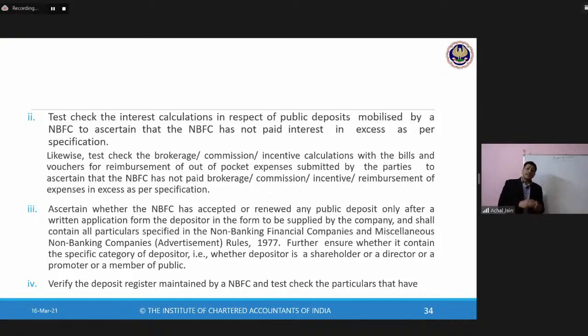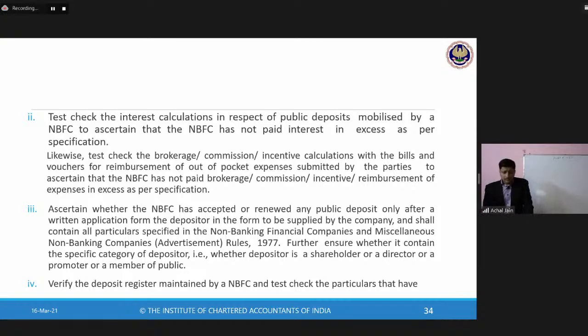So he will have to place reliance on the reports which are getting generated from the IT systems of the NBFC, and IT specialists may also be required to be involved by the auditor, through which he will be able to understand whether all of these reports, which have become the basis of payments or collections, are getting generated with the right output or not.